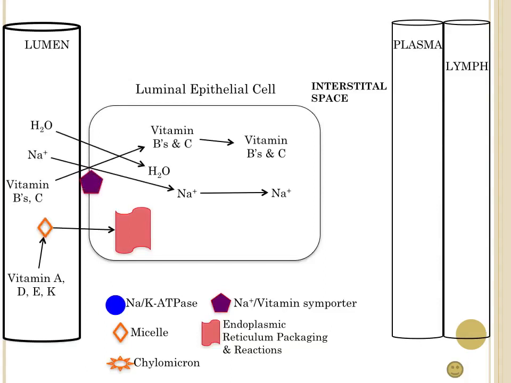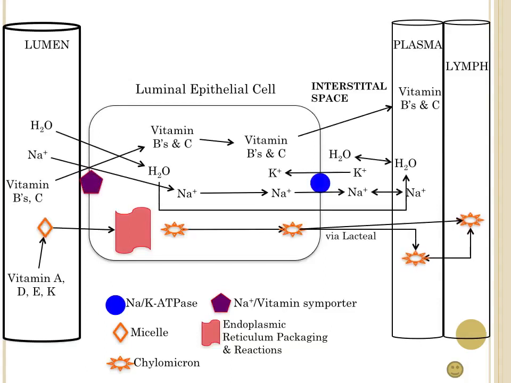So if we look at it, water is going to be absorbed throughout based off of movement of salt. As salt is moved, the water-soluble vitamins, in particular the B vitamins and C vitamins, will be absorbed. Water is going to follow along. The fat solubles will be absorbed in the micelles and then transported in the chylomicrons.